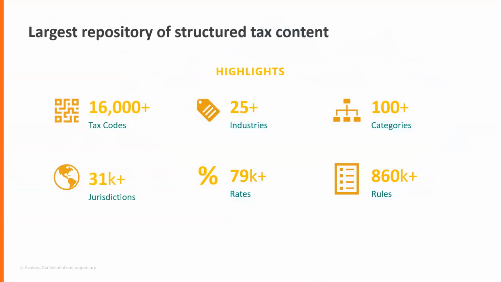Okay, so throwing in a few more stats here just to show you exactly how Avalara can help with not only that tip of the iceberg, like we said, the rate calculation, but also the full iceberg. So our tax content covers over 16,000 tax codes, 25 plus industries.